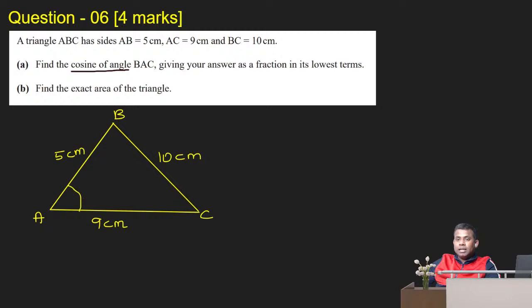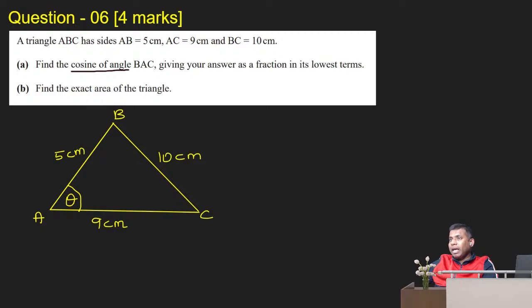So this is, let's say, theta. Give your answer as the lowest fraction. Find the exact area of the triangle. So I'm going to do this one using the cosine rule, right? You must understand what the cosine rule is.